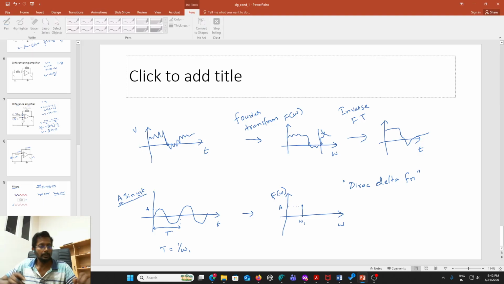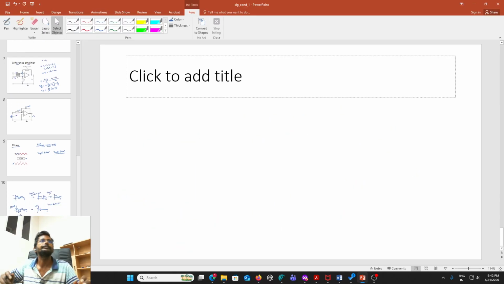Now let's see some examples. Say I have a function sine omega 1t plus sine omega 2t.